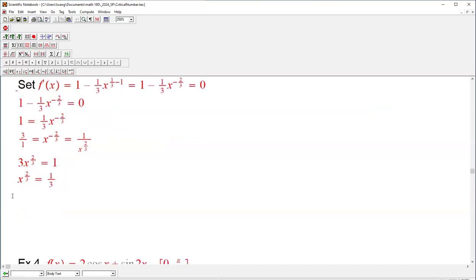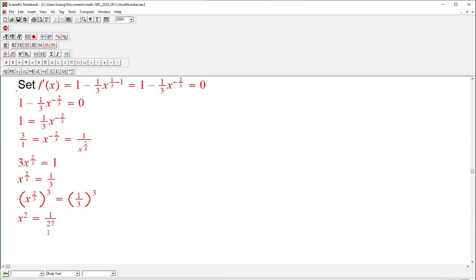And then what do we do? We raise both sides to the power 3. On the left-hand side, the 3 power multiplies 2/3, and the 3s cancel, so we have x squared equals 1/27.